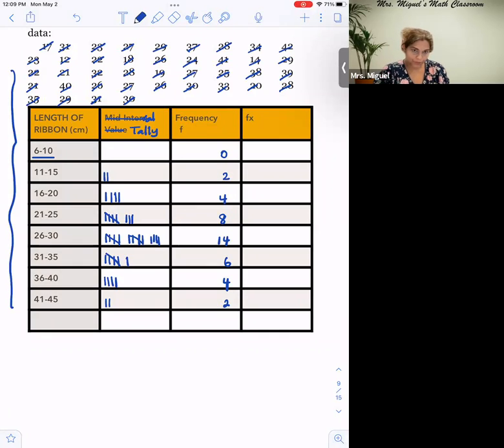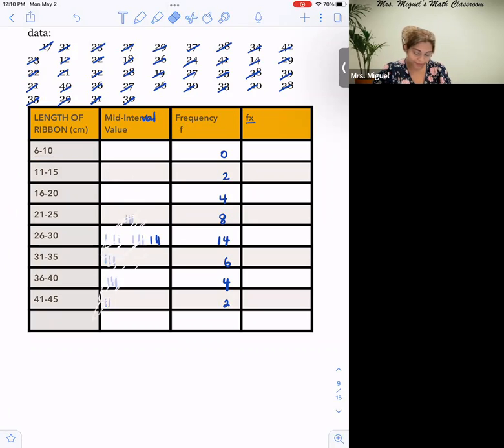I want you to find for me now, so you're extending the table and you're drawing 2 columns. I want to see the mid-interval value and I want to see f of x. So extend the table by 2 columns.